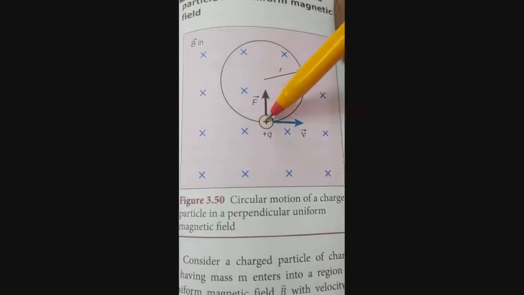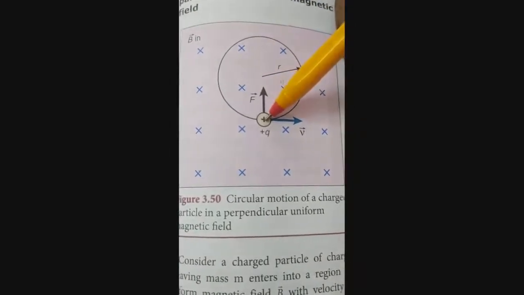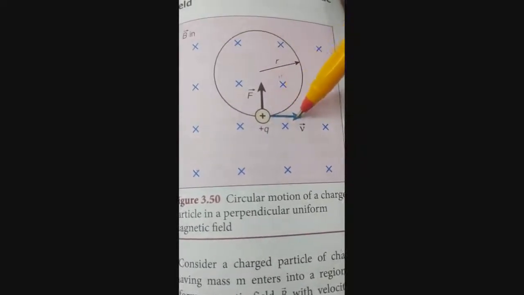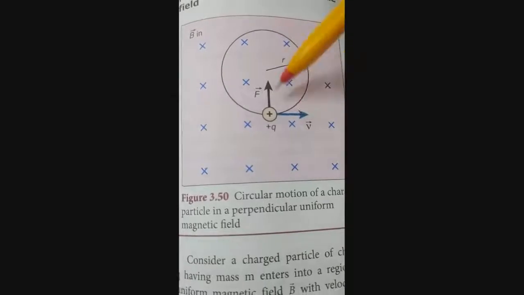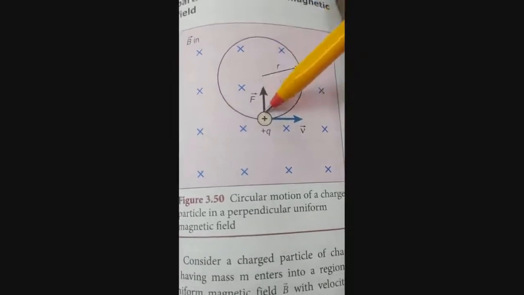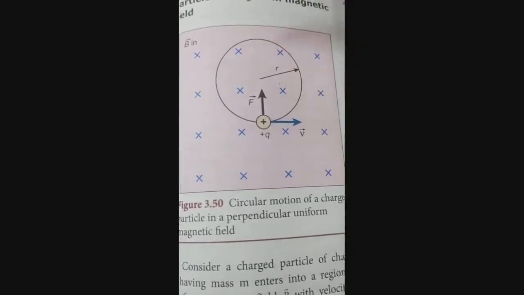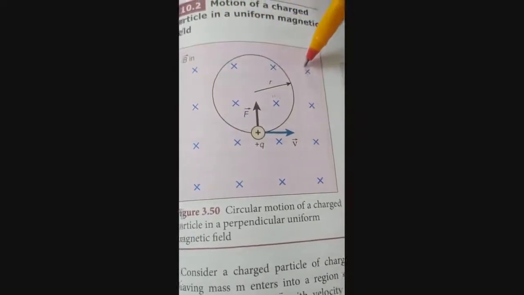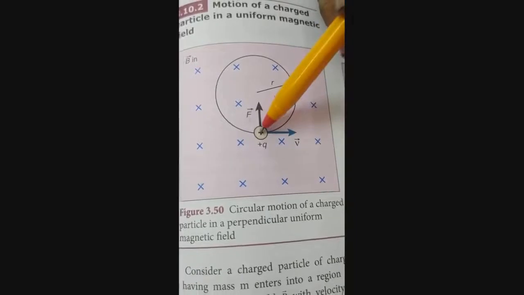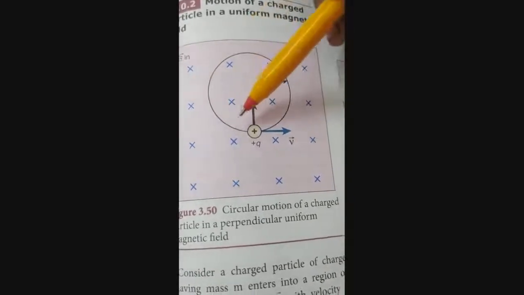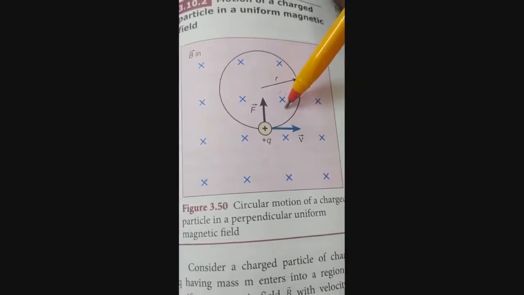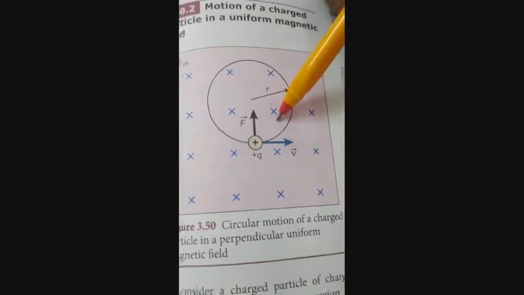And here this positive charge will move in a circular path, and usually the velocity is drawn as tangent, and the force is always acting towards the center, so the force is called centripetal force. So here the crosses represent the magnetic field acting inwards, and this charge is moving with the velocity v vector, and here we are going to derive an expression for the time period and frequency.